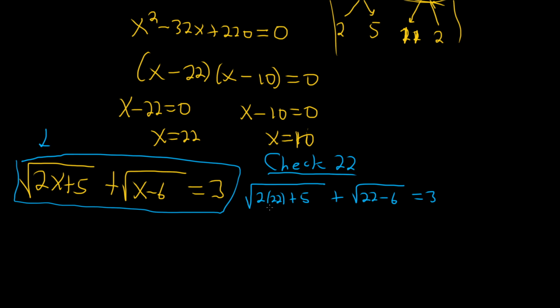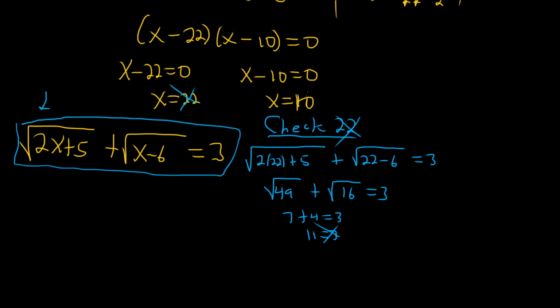So this is going to be 2 times 22, which is 44, plus 5 is 49, skipping some steps here, plus the square root of 22 minus 6, which is 16, and that should be equal to 3. 7 plus 4 is equal to 3. 11 is equal to 3. No, that's definitely not correct. So no good.